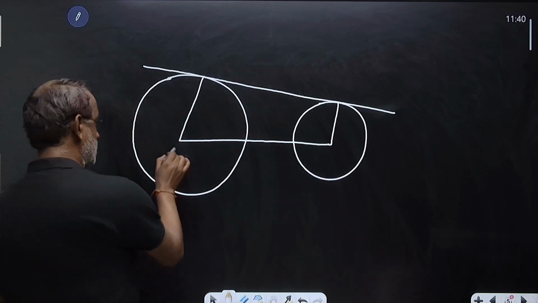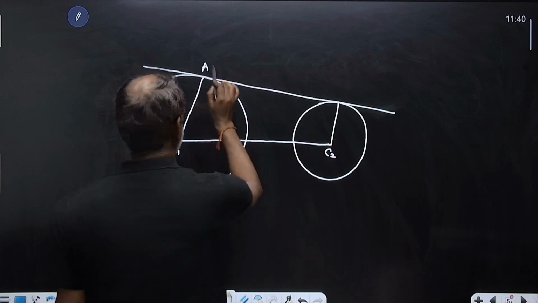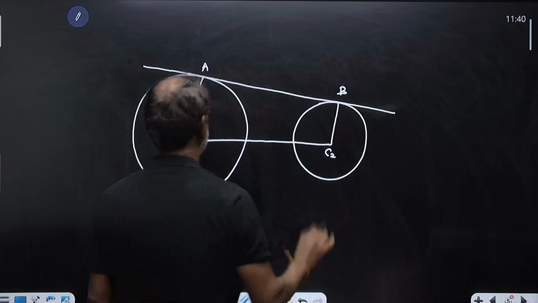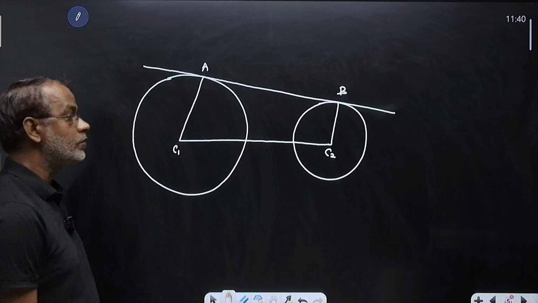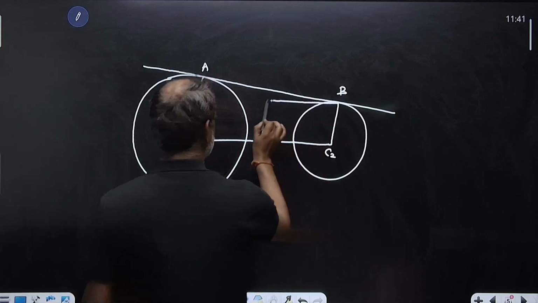Okay. C1, C2, A. So, what we do is that from point B, we draw a line parallel to C1C2.